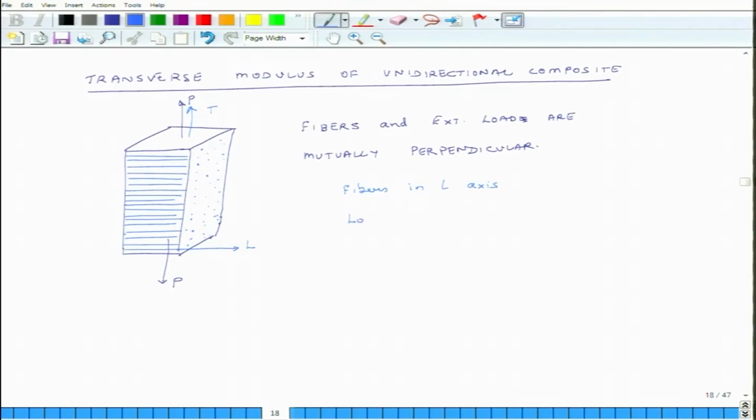So, load is in the T axis, and of course, there could be a third direction also, this is the T prime axis. So, what we are interested in finding out is ET, the transverse modulus. So, if I pull my sample in the transverse direction, what is the ratio of stress and strain? That is what I am interested in finding out.